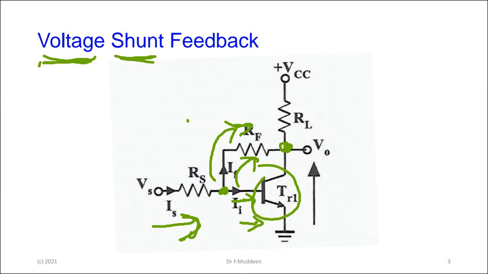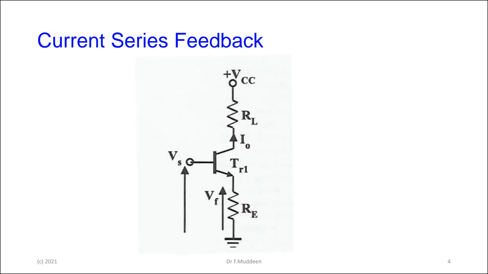So again, that's the negative feedback part. This is voltage shunt feedback. Now current series feedback: current means we're sampling current, series means we're feeding back voltage. And this one is even simpler, a simple transistor in operation.